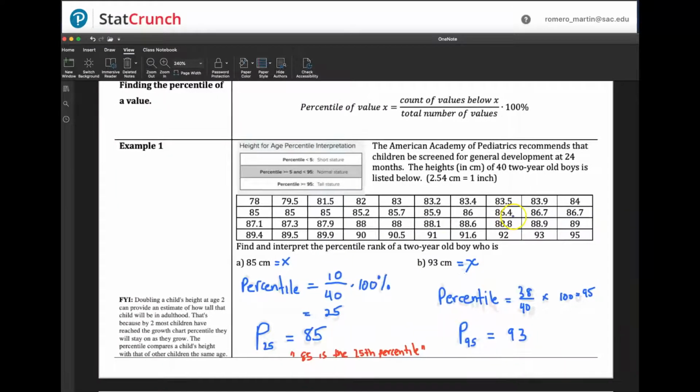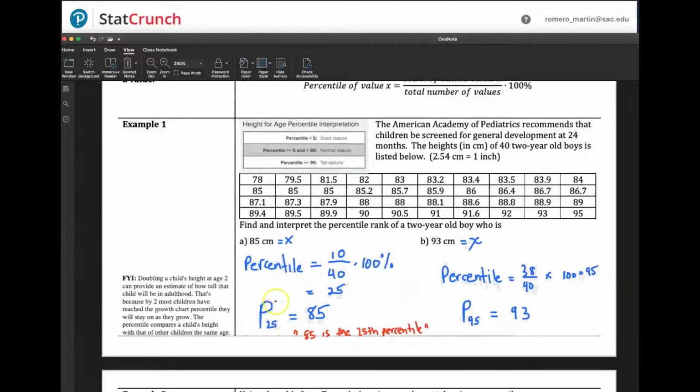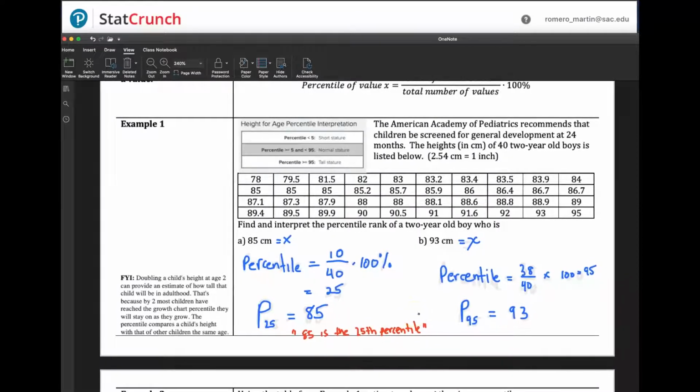So we look and we see 85 is located here. And so we see 10 out of 40, and that's 25%. 25% of the values are below 85. And so we would say that 85 is P25, the 25th percentile, because 25% of the values are below that.